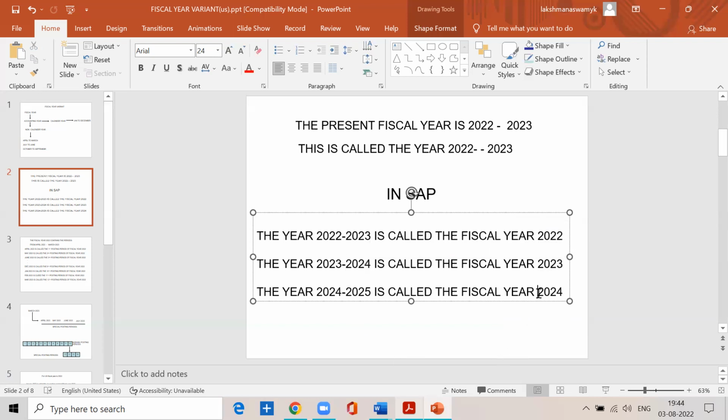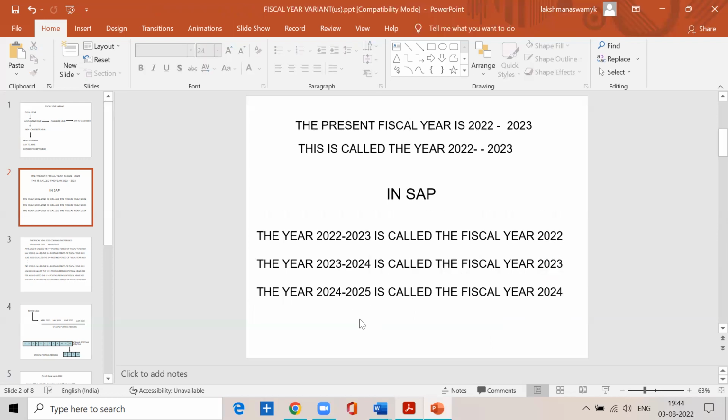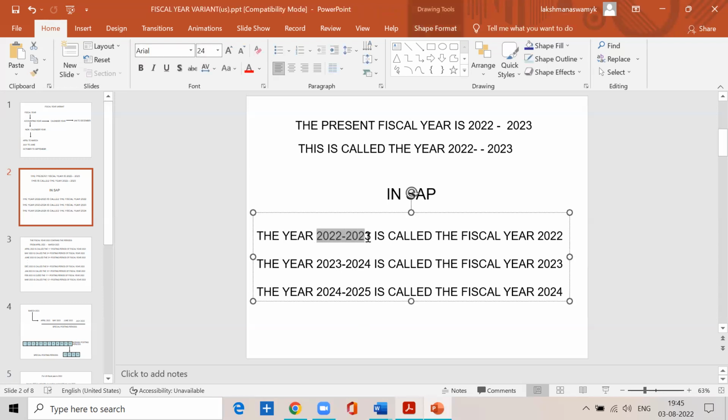Similarly, fiscal year 2024 contains the months starting from April 2024 and ending with March 2025. That's how the fiscal year is represented with the calendar year in which the greater number of months fall. For example, 2022-2023 means starting from April 2022 and ending with March 2023.